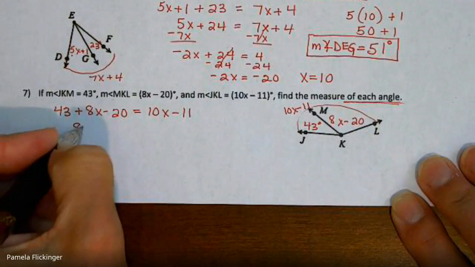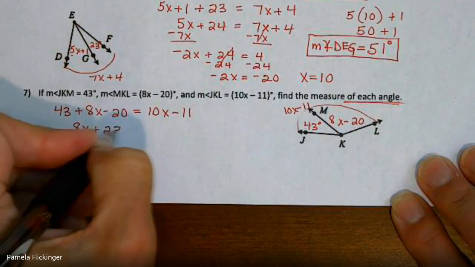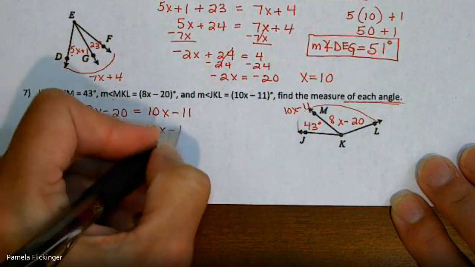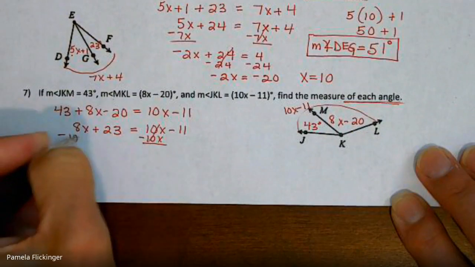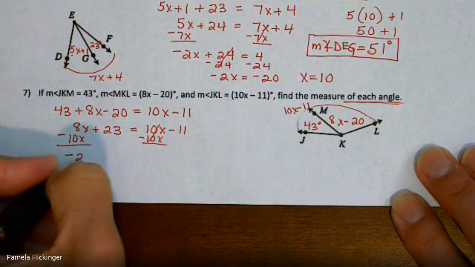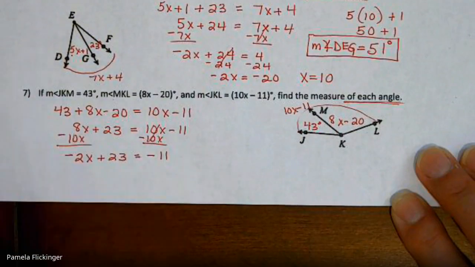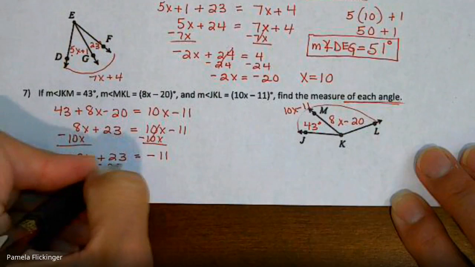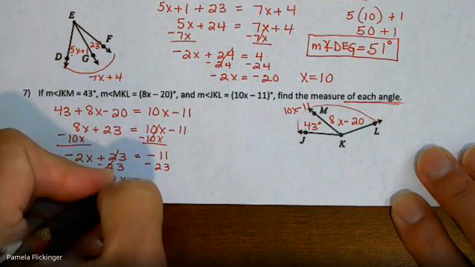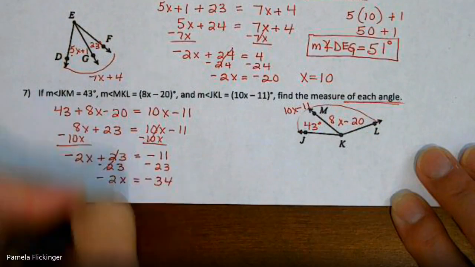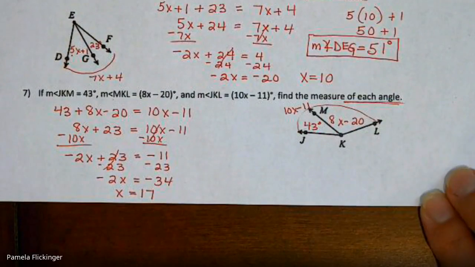So we've got 8x, and then 43 minus 20 is going to be a positive 23 equals 10x minus 11. I subtract 10x, bring that over to the left, I get negative 2x plus 23 equals negative 11. And when I subtract 23, we get negative 2x equals negative 34. Divide by negative 2, and we get x to be 17.